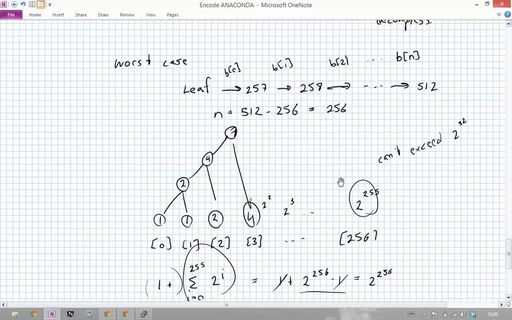So. That said, how big are you going to make your bit buffer for the code? 256. You're guaranteed that it's not going to be longer than that. And it's only 256 bytes, so who cares?